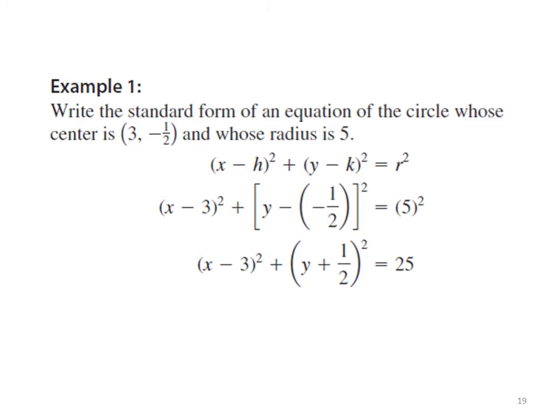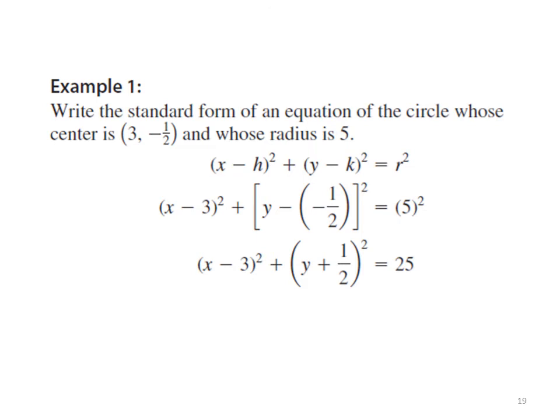h and k here are the coordinates for the center. Replace h by 3, we have x minus 3 squared plus, now replace k by minus 1/2, which is the y coordinate for the center. So we have y minus minus 1/2, and everything is squared, equal to the radius squared.